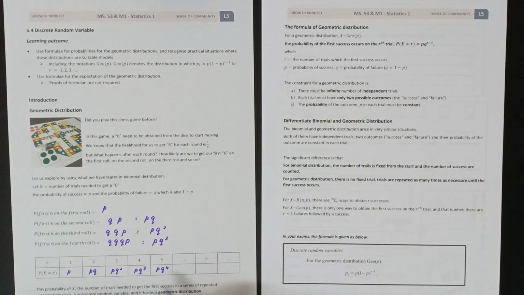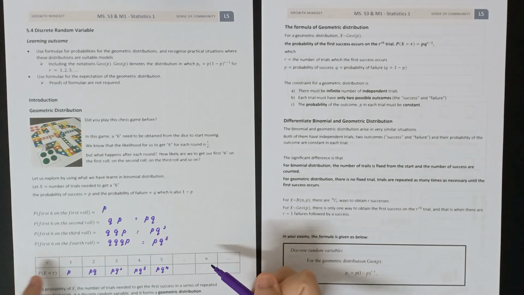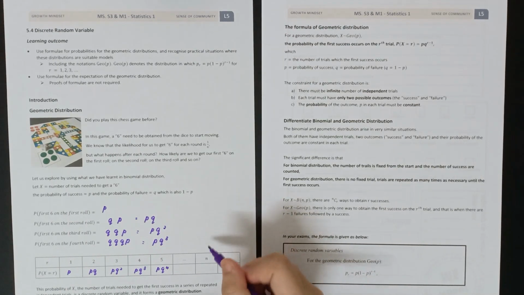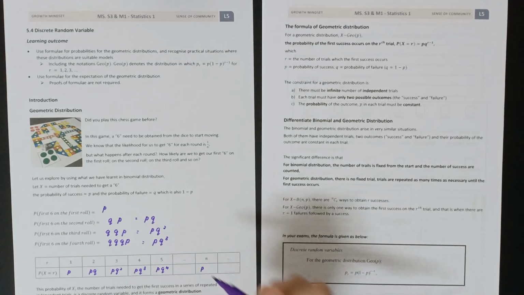Alright, okay, then when we talk about n, I'm not sure whether you realize the pattern or not. So what is it for n? If you have n trials, then you will have 1 P, because your last time, meaning your r, is the time that you get the first success that you want. So before that, how many failures do you need?